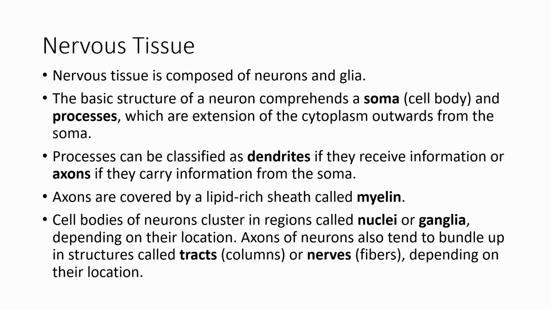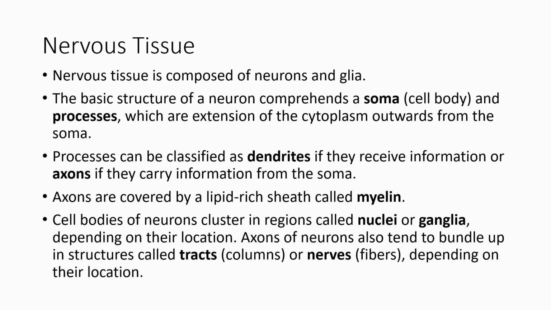And then we see these neurons, the cell bodies, these somas, we don't see them all just wherever. We actually see them clustered together. And when we see these clusters of neural soma, we call this the nuclei or the ganglia, depending on where they're located. So some areas we would call those clusters the nuclei. In other areas we would call it ganglia.